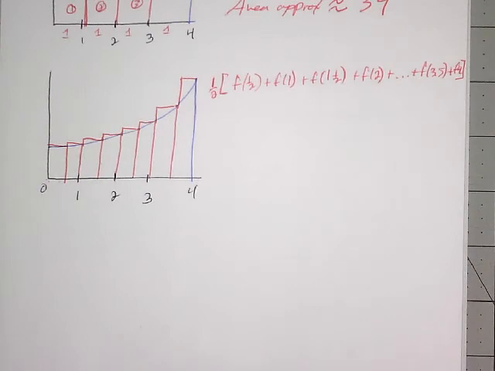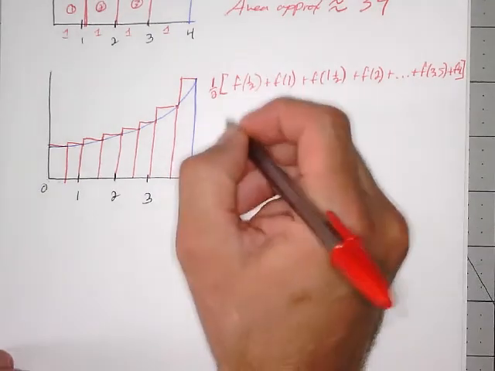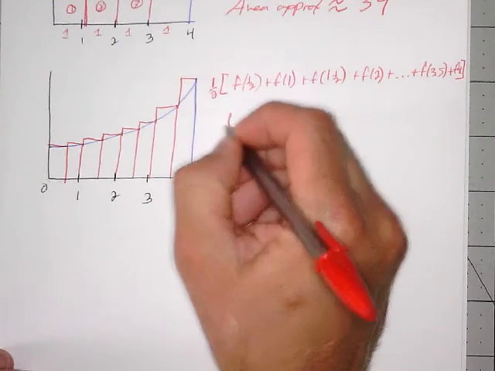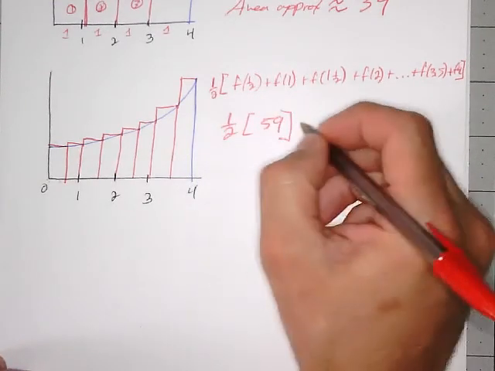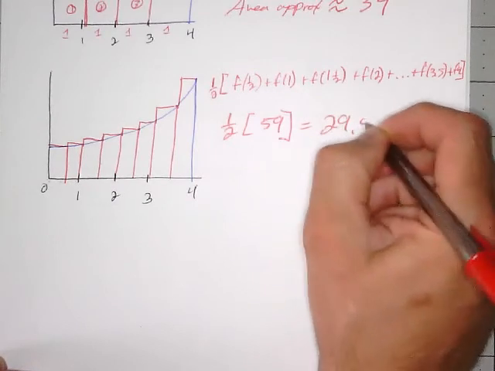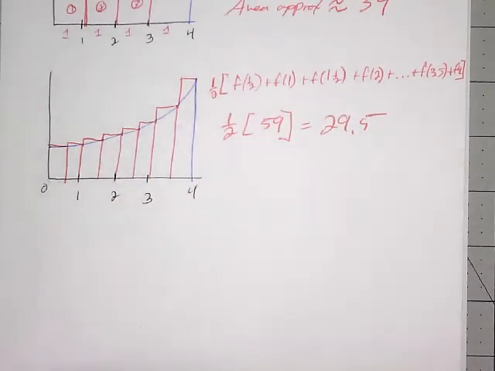All right. So, long story short, this now becomes 1/2 times 59, which equals 29.5.